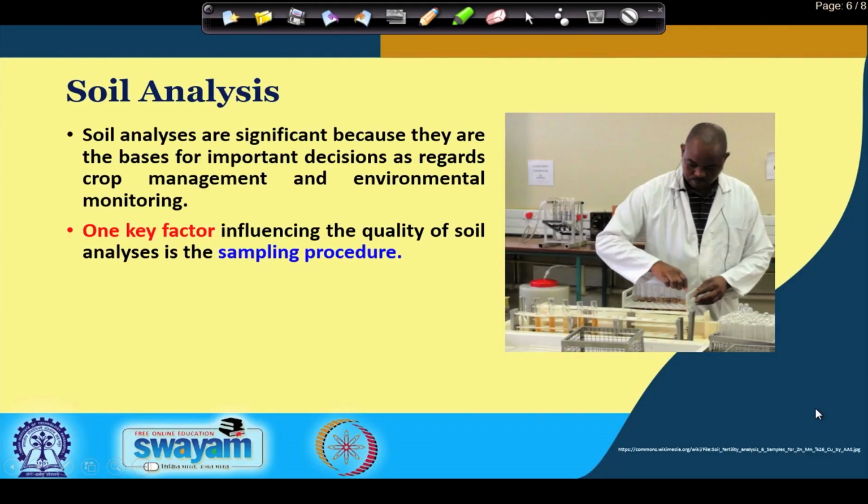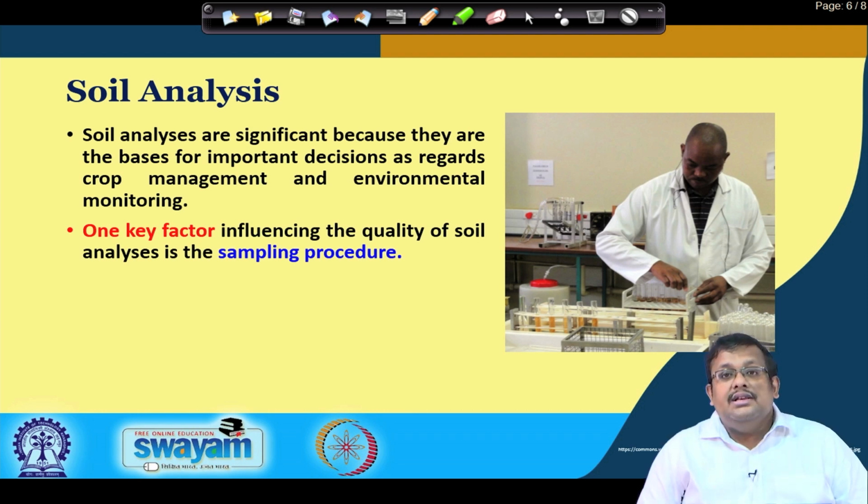Now, soil analyses are very significant because they are the basis for important decisions as regards crop management and environmental monitoring. Remember, the soil testing has to be done both from the point of view of crop management, because you have to understand the soil fertility property, and simultaneously you have to understand whether your soil is contaminated or not with certain inorganic or organic pollutants.